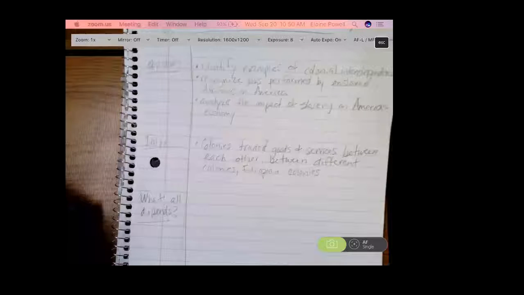So those are two different examples that help us answer that question: what all depends, right? Now, before we move to the next section, I didn't write those two sentences down. I apologize. Go ahead and write any more down if you want.